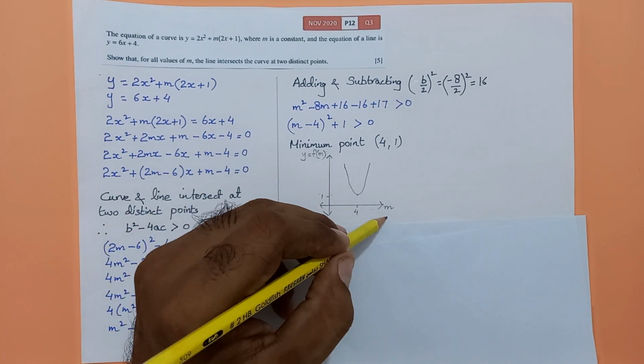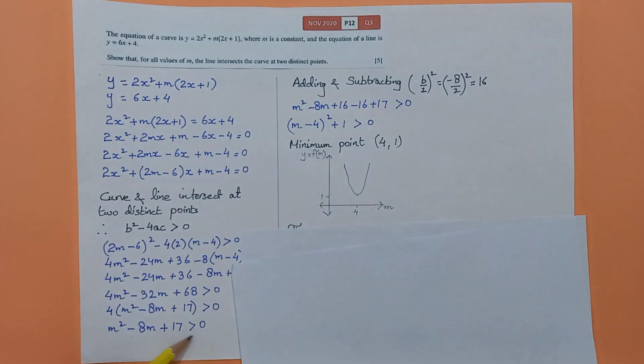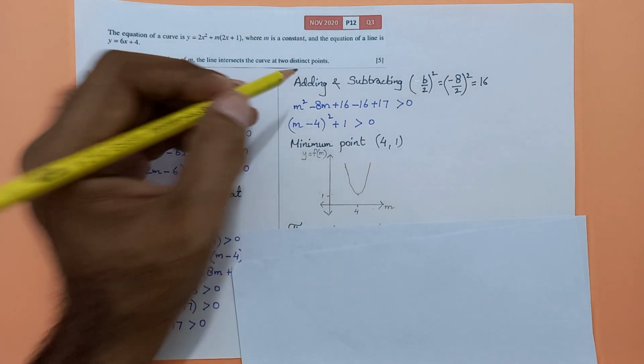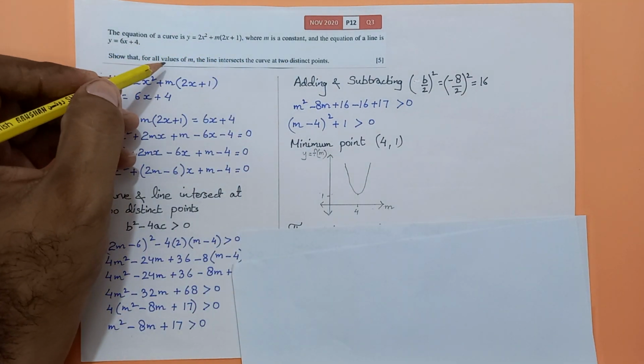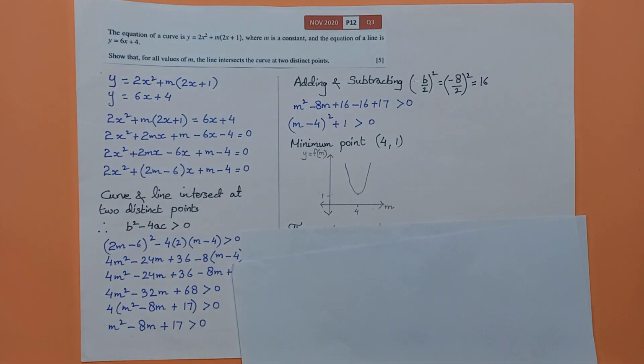So it is true for any value of m that the inequality is greater than 0, and this inequality is for the two distinct points, therefore finally we can say that for all values of m, we get two distinct points.